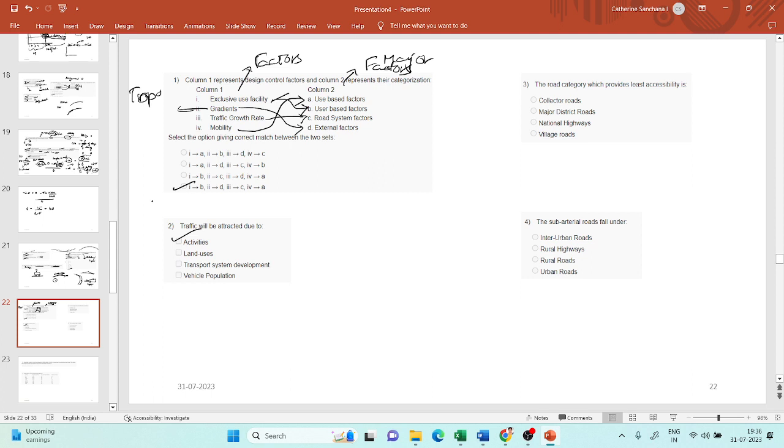So traffic will be attracted to activities and also to land use. You are in a residential area, your school is in an educational area, so your traffic goes from home to school or school to home. So land use is also the answer to this question. And transport system development and vehicle population are not going to attract the traffic.